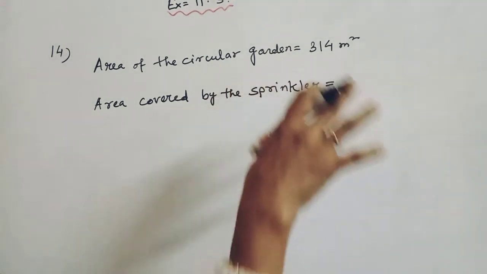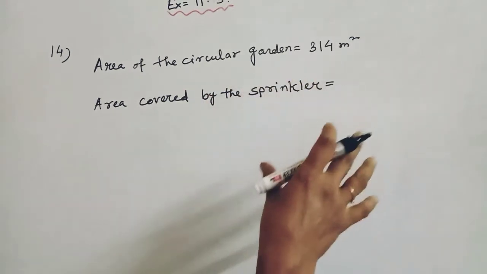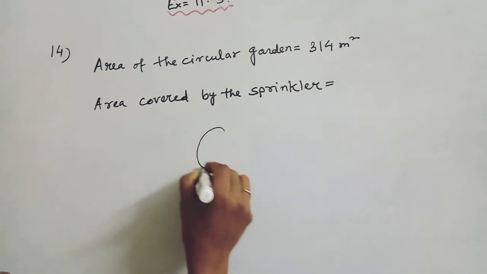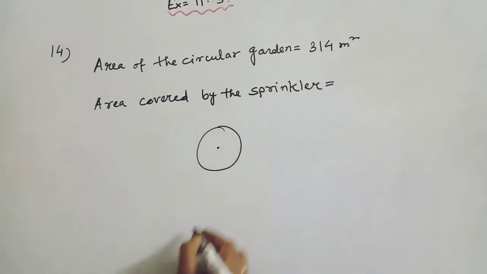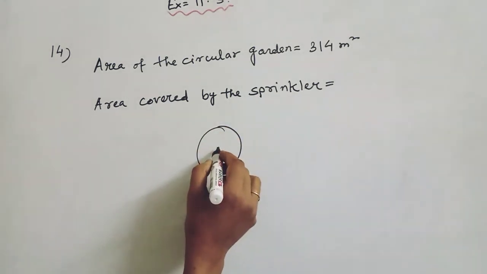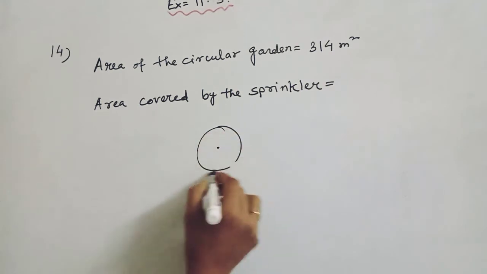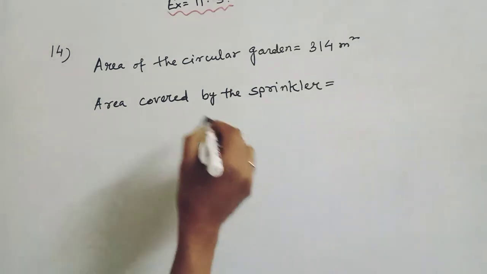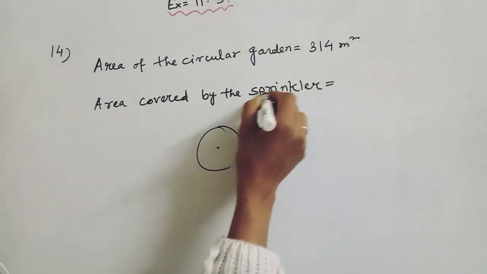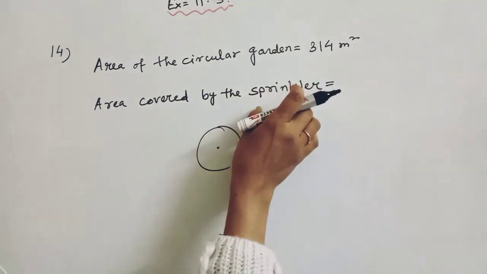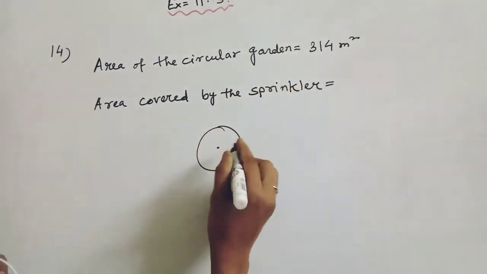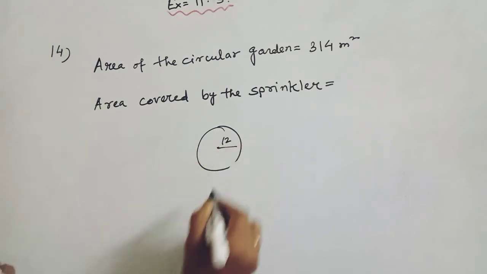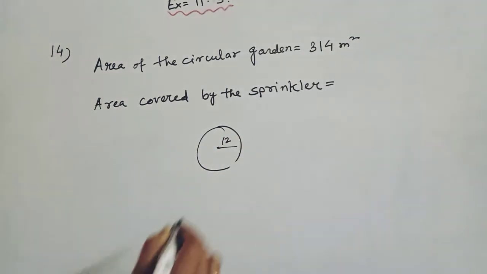The sprinkler, which sprinkles water in the garden, is placed at the center of the circular garden. Radius is given, 12 meter.